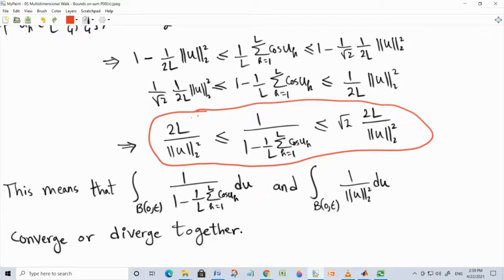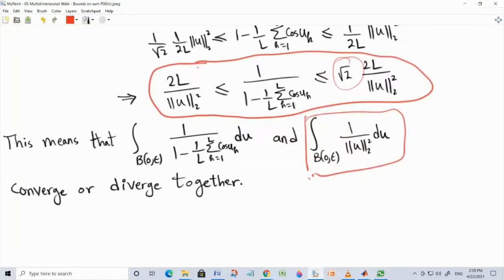The idea now is that the upper bounds differ, of course. There is an extra square root 2 here, but whether or not our integral will converge or diverge depends on this integral here. The integral over the ball with radius epsilon of 1 over 1 minus 1 over L summation k from 1 to L cosine uk is upper bounded and lower bounded by a constant multiplied by this integral.